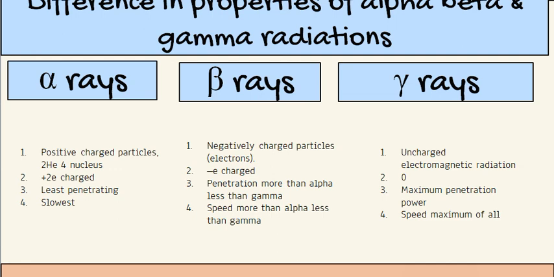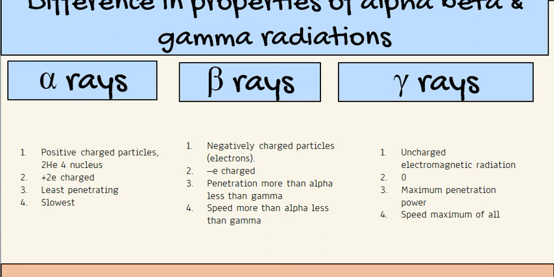The speed of beta rays is much more than alpha rays and very much less than gamma rays. Gamma rays are uncharged electromagnetic radiations with zero charge. They have the maximum penetration power among all three, so they move deeper inside the material, and their speed is the maximum of all.